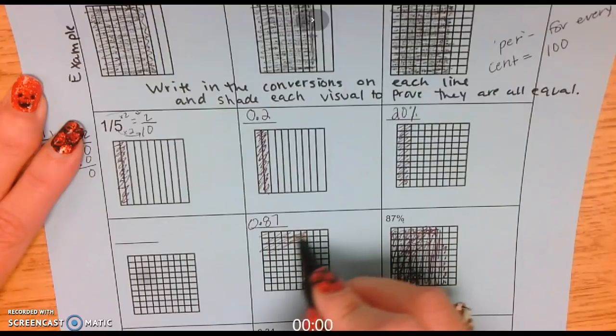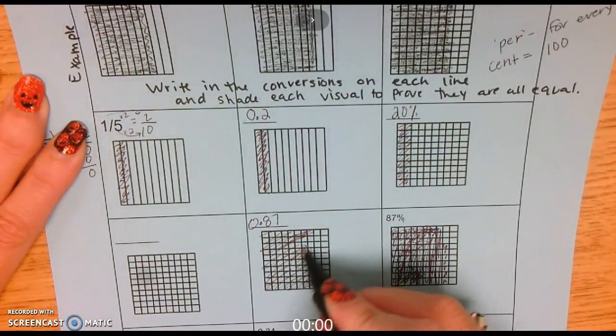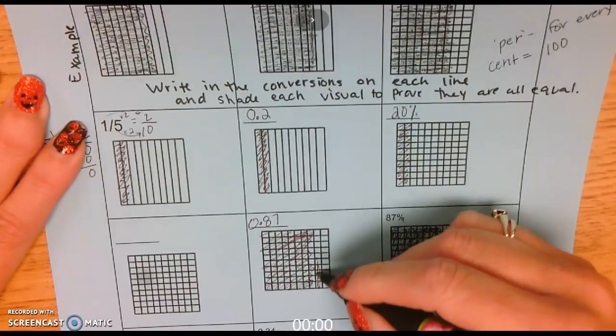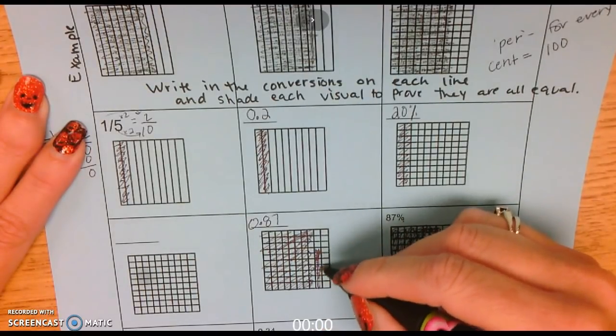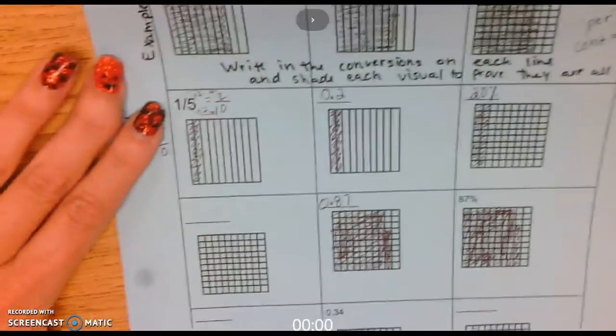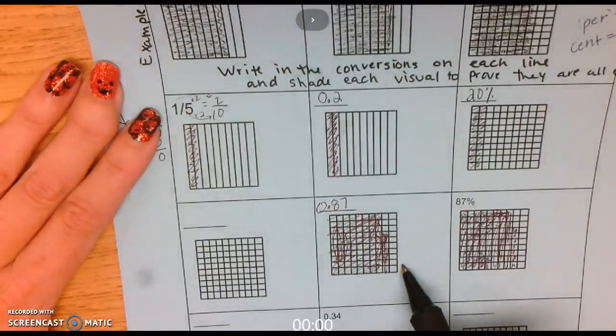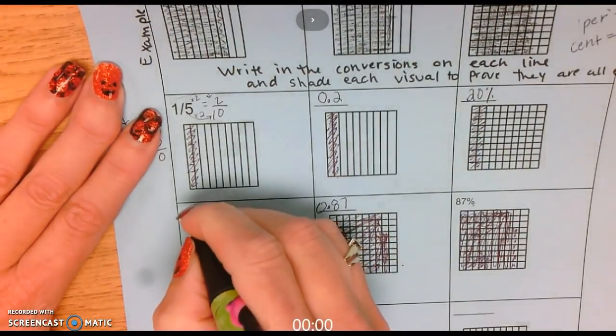So I'm going to do the same thing again, color in most of it quickly, and then 7 more to have my 87 hundredths. And then if I'm thinking of it as a fraction, how many pieces out of the whole? The part would be 87.